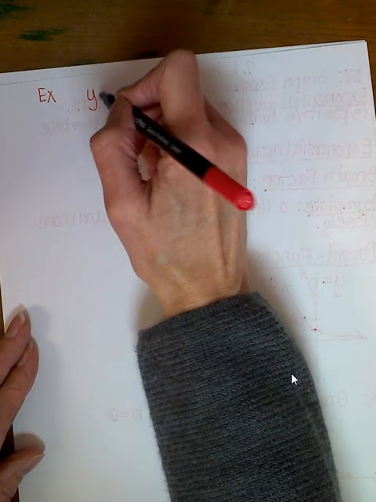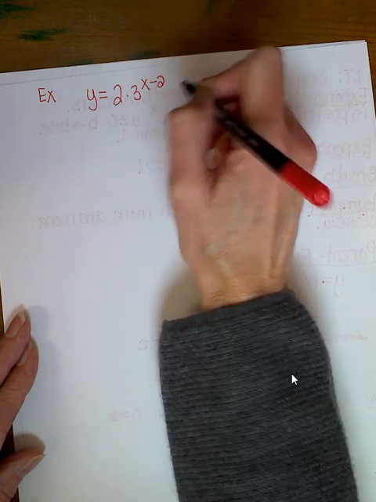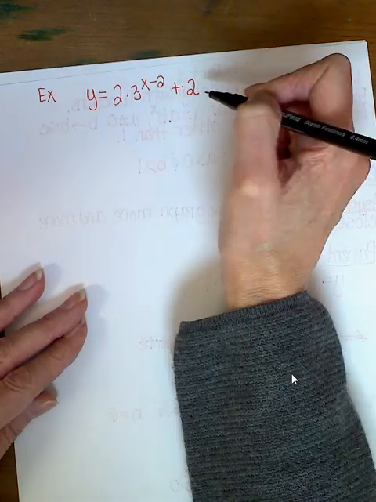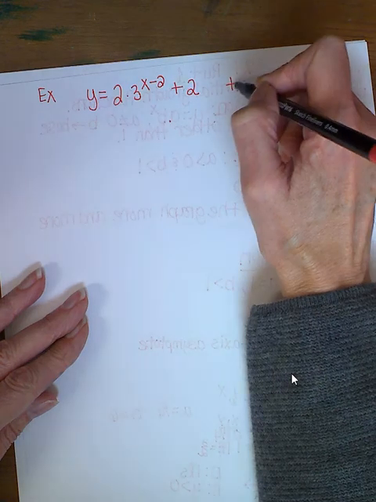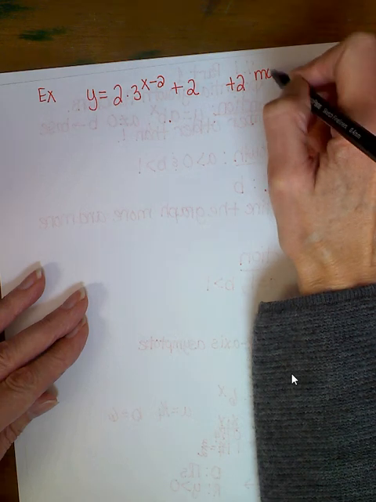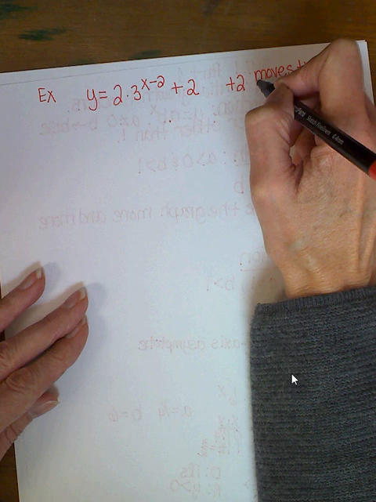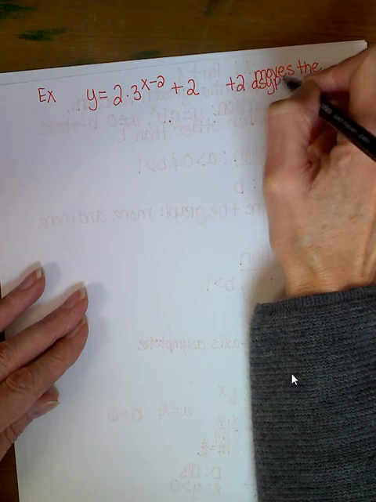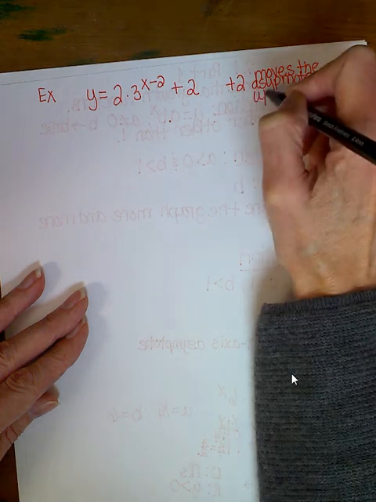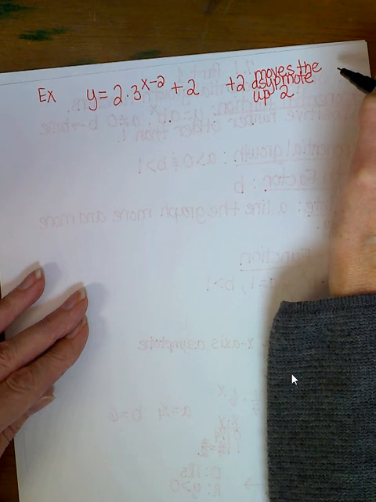So this one looks a little more complicated. It's got some right and left movement. The movement that we're concerned about, though, is this up and down movement. This +2 is going to move the asymptote up 2 places. It moves all the points up 2, but the asymptote is going to be the key part.